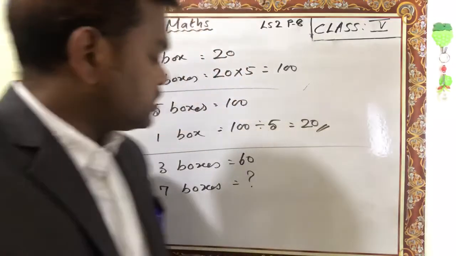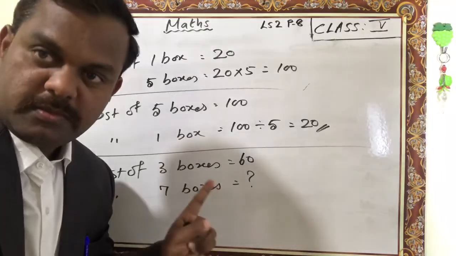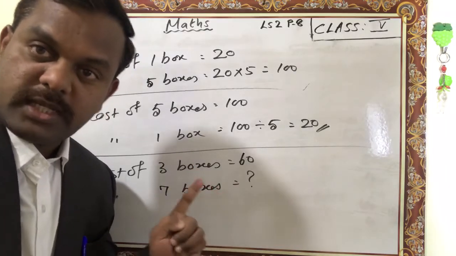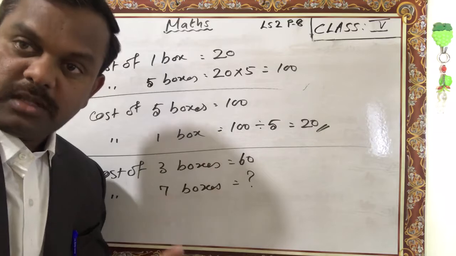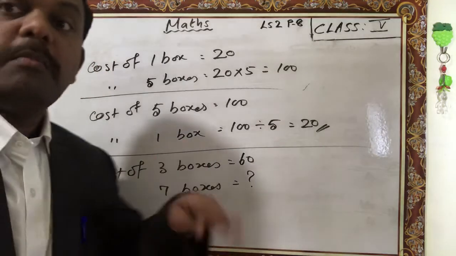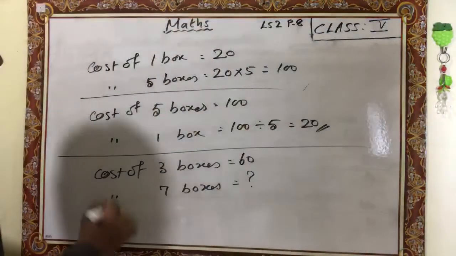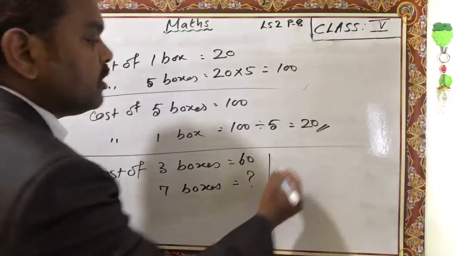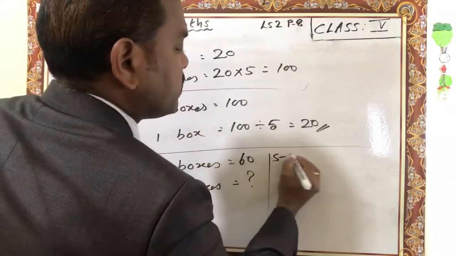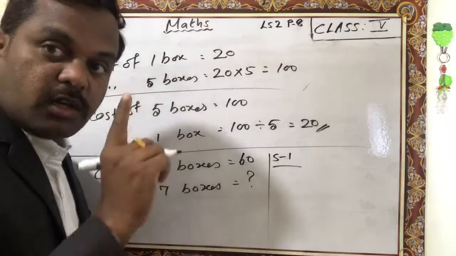For a question like this, first you have to find the cost of one box, the cost of one object, by division method. Then we can find the cost of other boxes by multiplication. So this question has 2 steps. Step 1: finding the cost of one object.